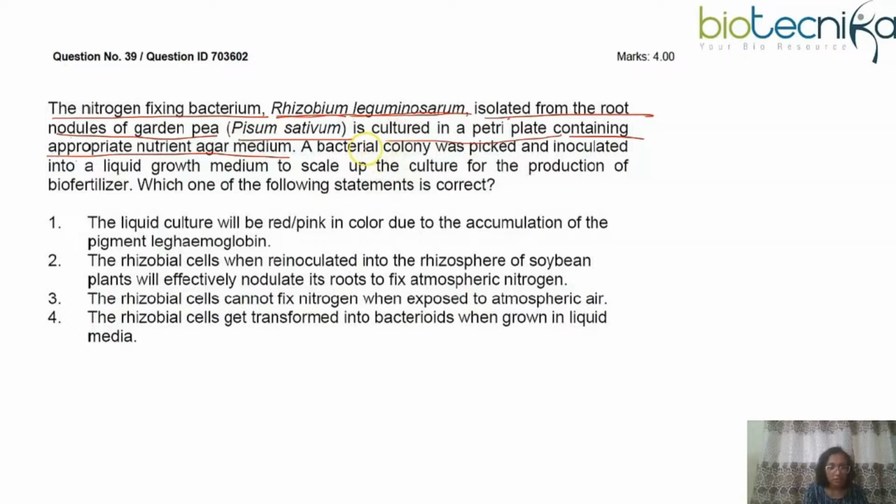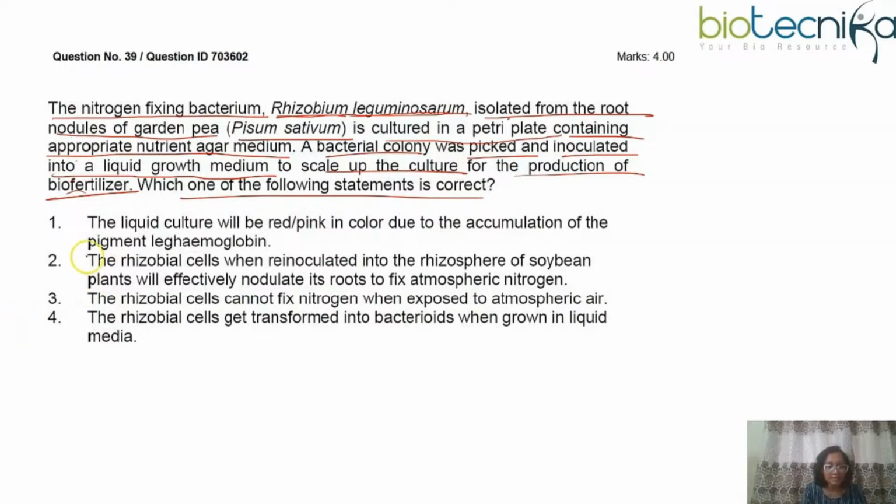From this culture, a bacterial colony was picked up and inoculated into a liquid growth medium to scale up for the production of biofertilizers. Now, which one of the following statements is correct? This is not a combination of statements. We have given 4 options and one of them is correct. The rest are all wrong. Okay, so this is from the topic of nitrogen metabolism in plants.